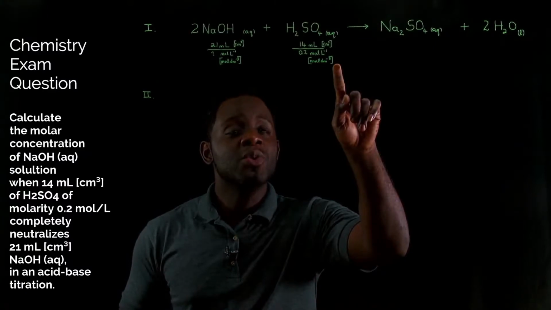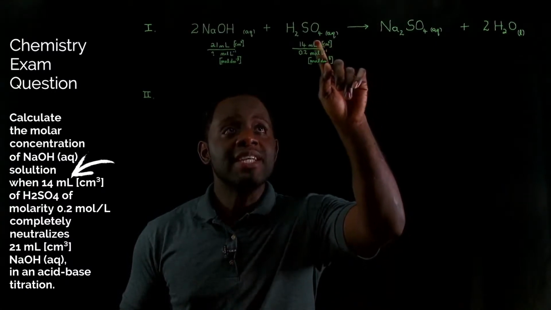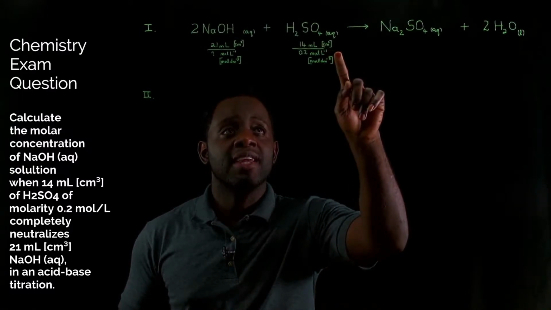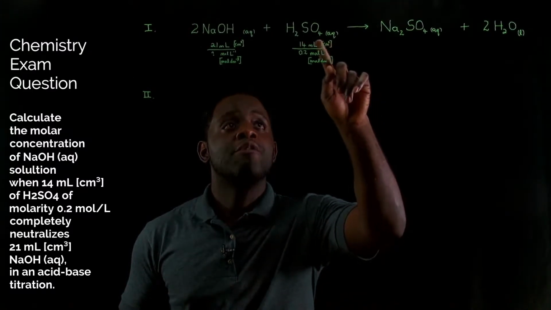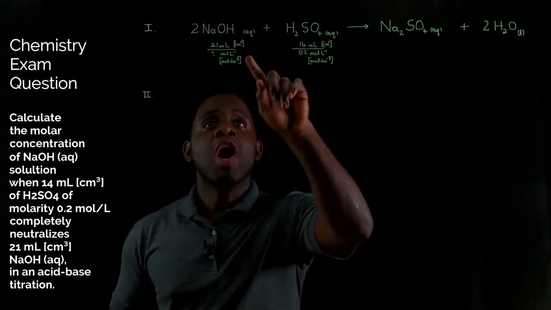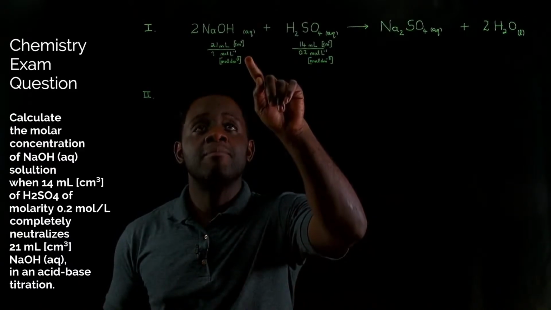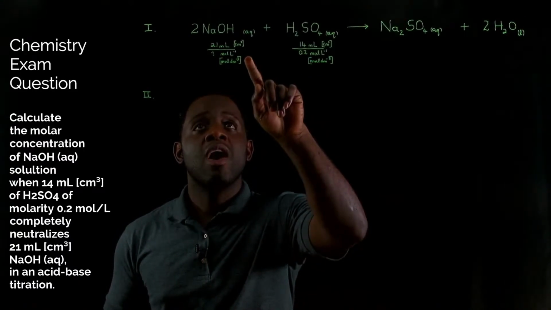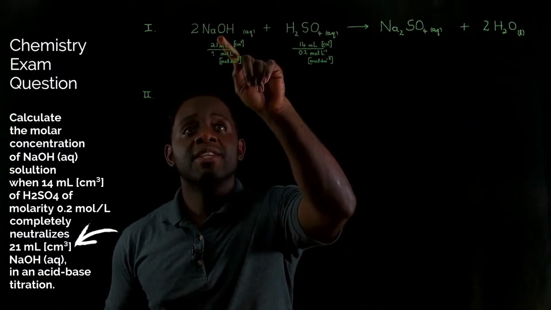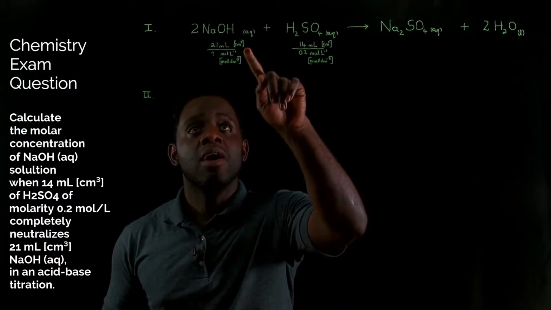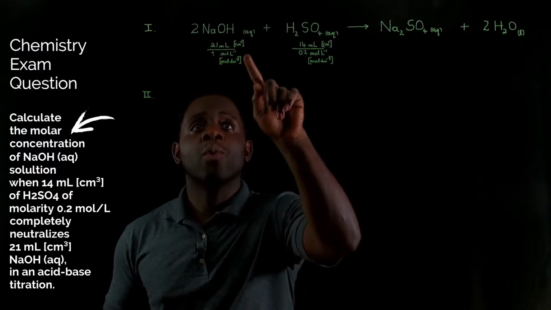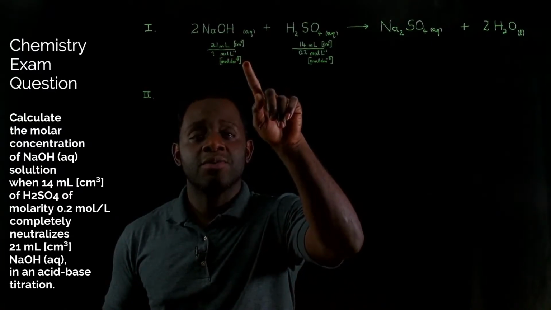And we are also told that 14 milliliters of this solution was used in the reaction, or 14 cubic centimeters. We are unable to determine the amount of moles of sodium hydroxide present in the 21 milliliters or centimeters cube of sodium hydroxide solution used, and that is what we are asked to find out.